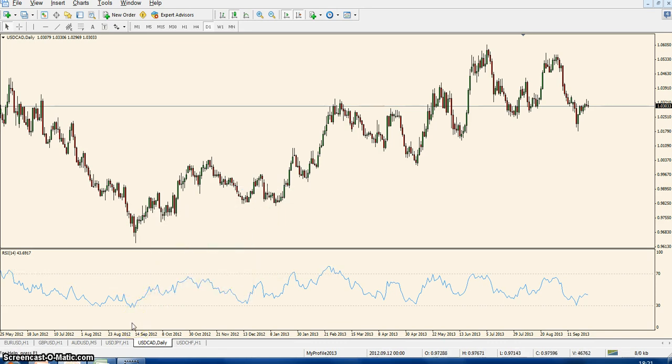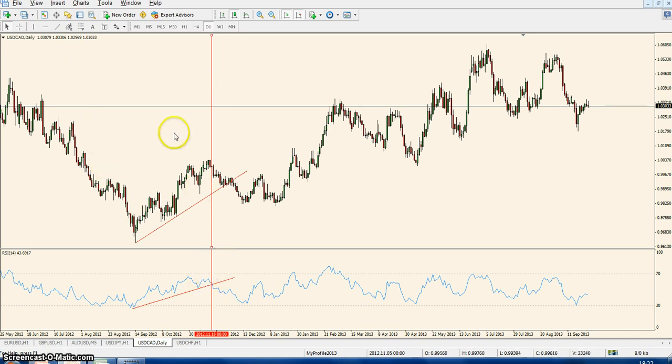Now the next trade could be just in the opposite direction. This is a trend, with the corresponding trend here, and the alignment of the break, which is here.